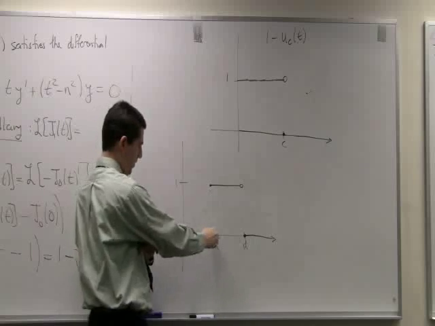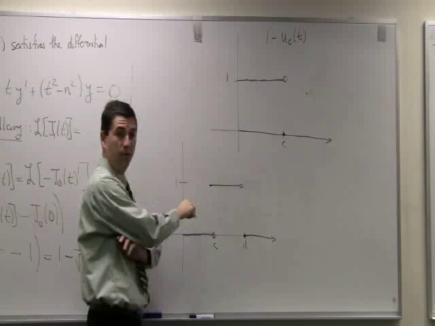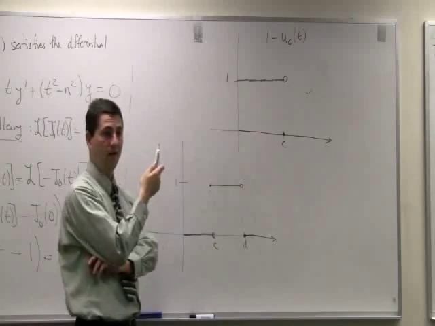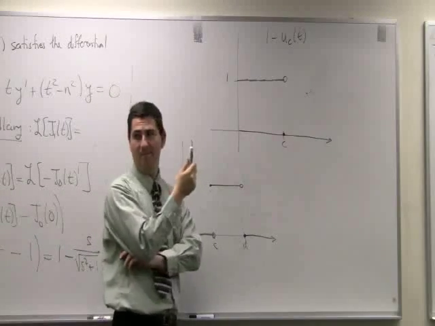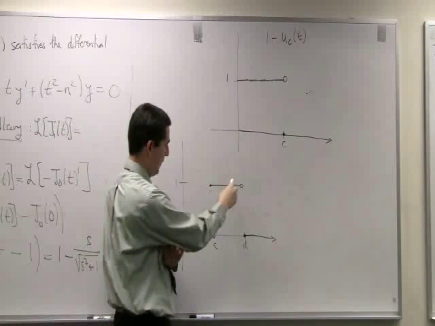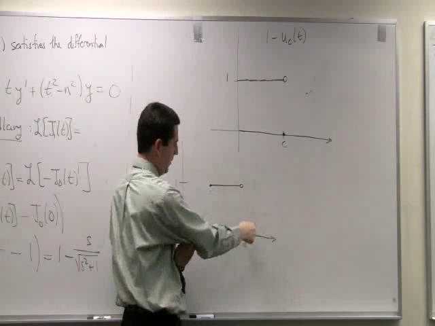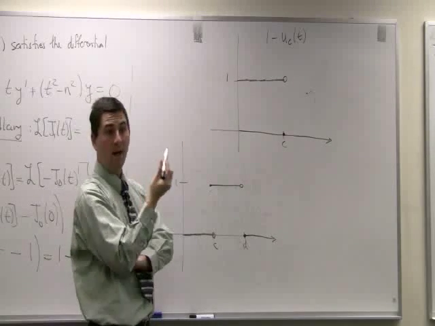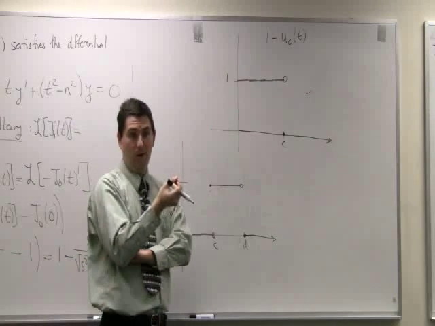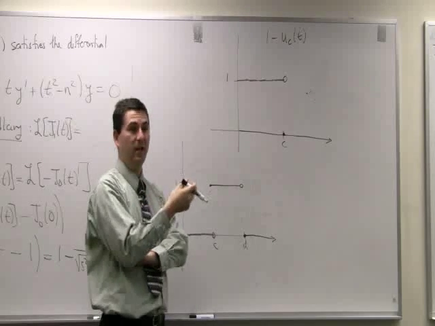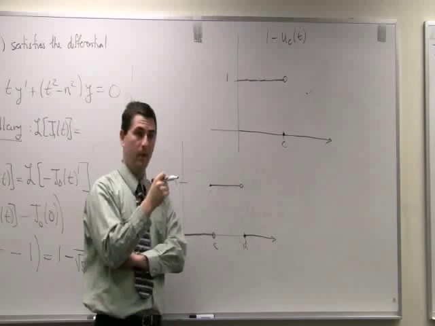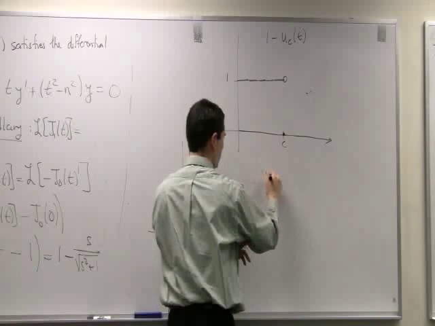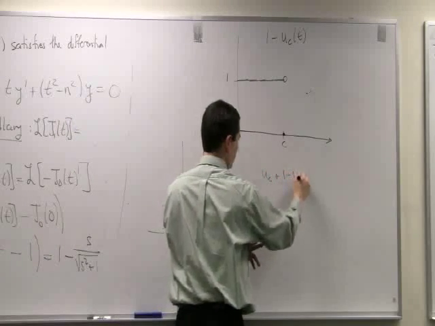Well, let's see. This part comes from a UC. Just like I did before, a UC. Okay. This part came from a 1 minus UD. So you might consider, oh, I don't know, add them together or something, right? UC plus 1 minus UD. So what would that do? What if you had UC plus 1 minus UD?